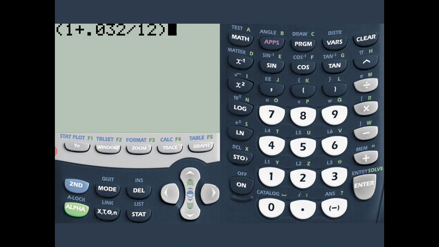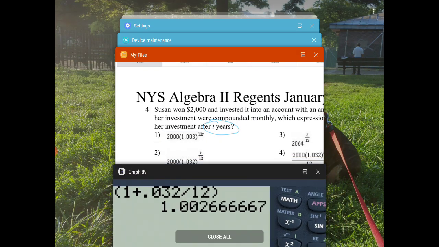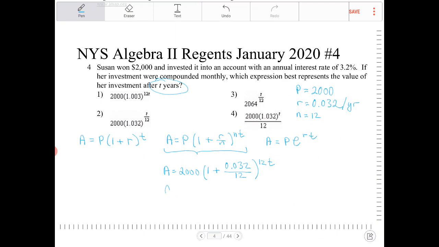So that is what's in the parentheses. And that turns into roughly 1.003. So A is equal to 2,000 times 1.003 to the power of 12t. And then looking at the answer choices now, that is exactly option 1.